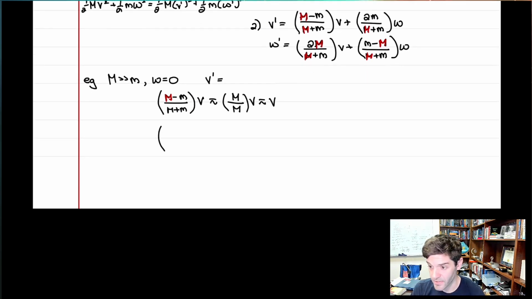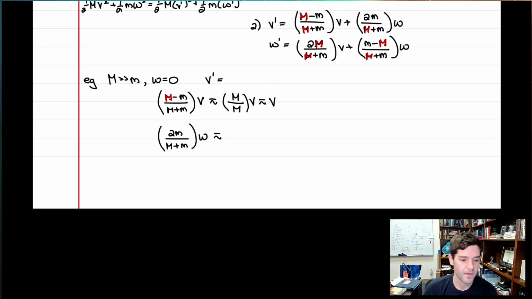The second term in the expression is 2 little m over big M plus little m, times omega. There the numerator has no big M in it, so it's just 2m, and you can't approximate it as anything. You just keep it as 2 little m.